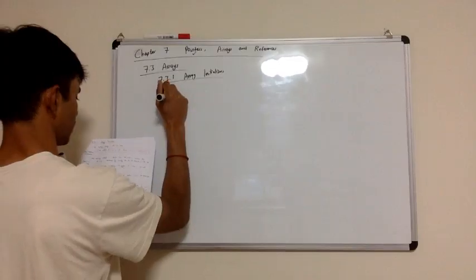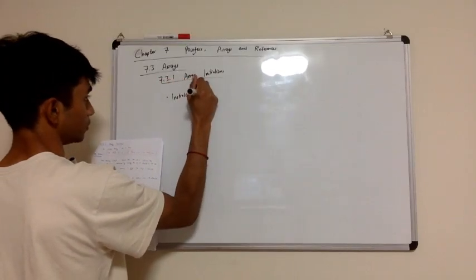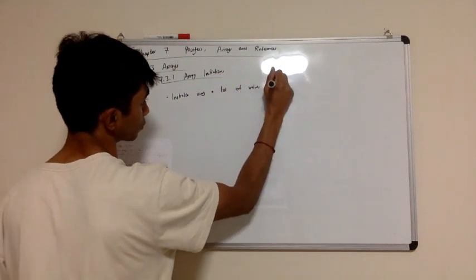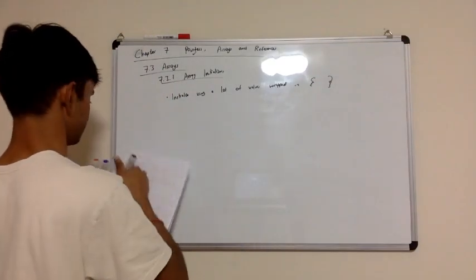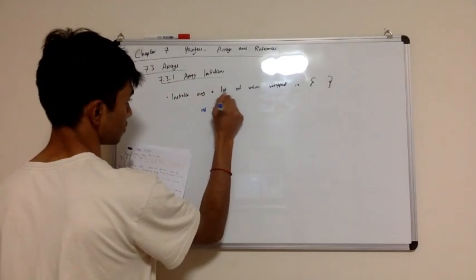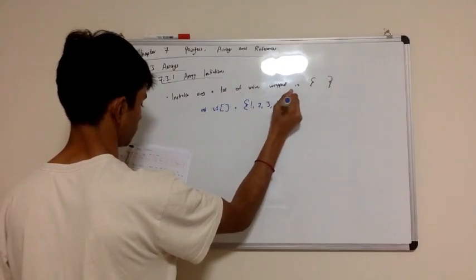I think we've seen before that you can initialize using a list or sequence of values wrapped in the curly brackets. So for example, int v1 equals 1, 2, 3, and 4.